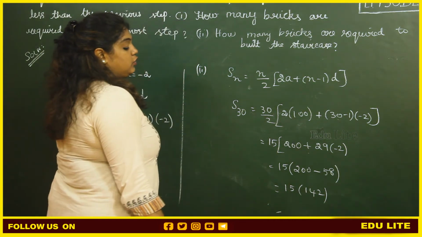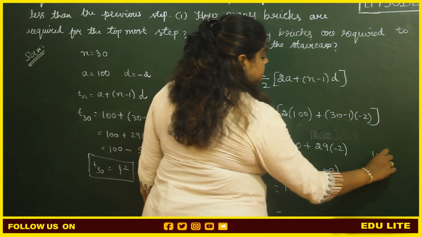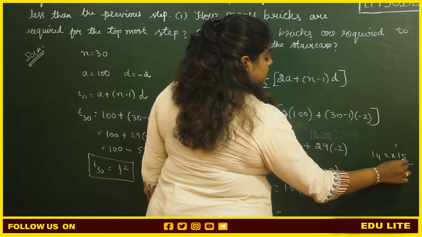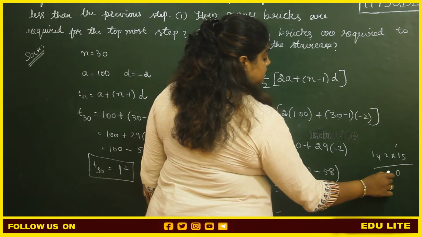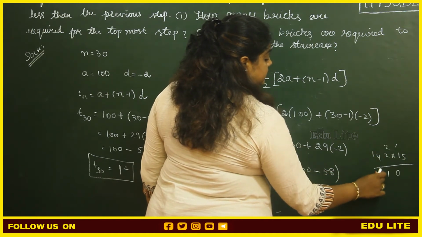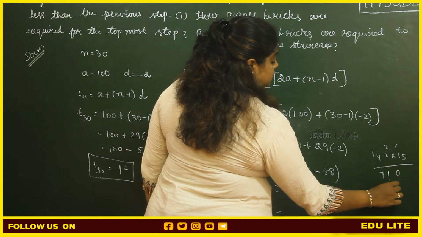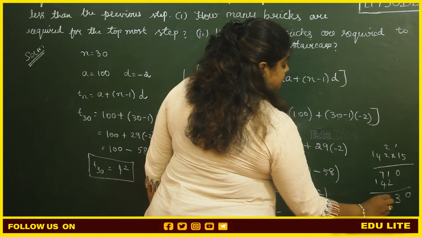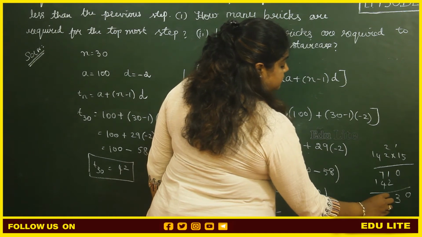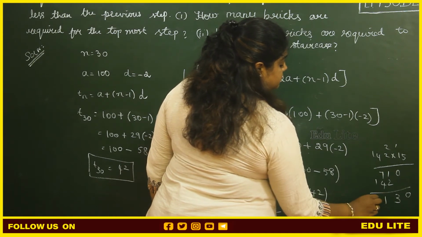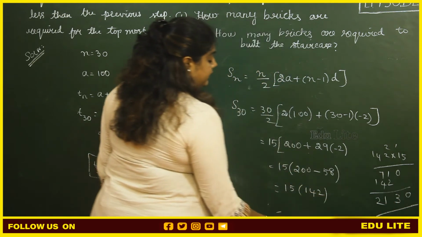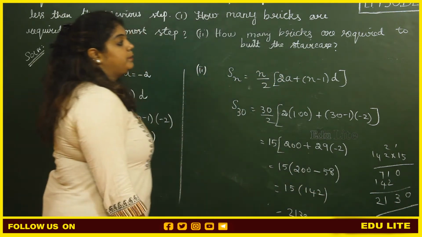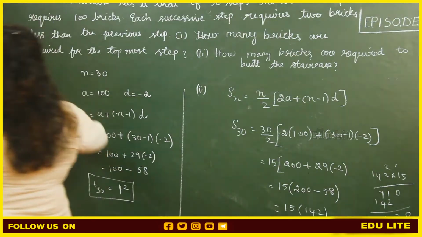Therefore 15 into 142. So it requires 2130 bricks to build a staircase.